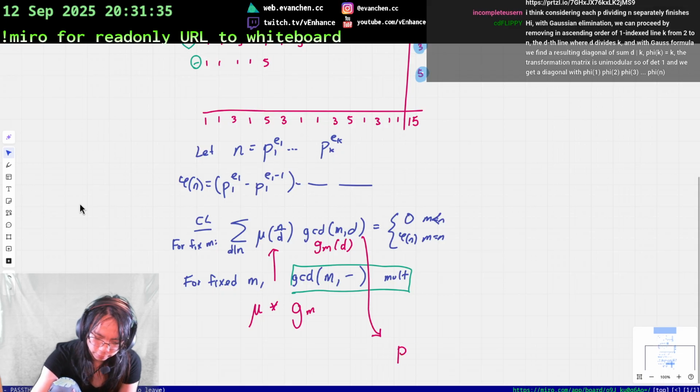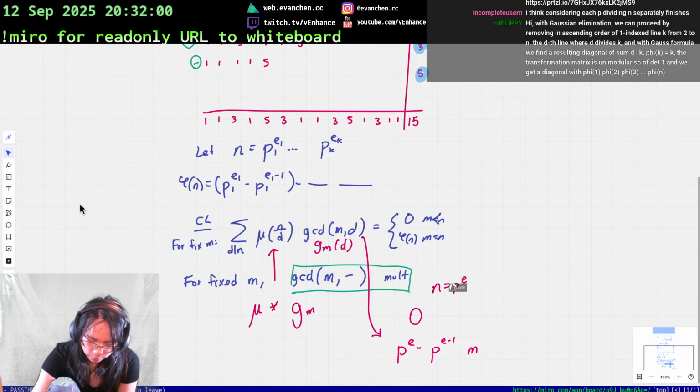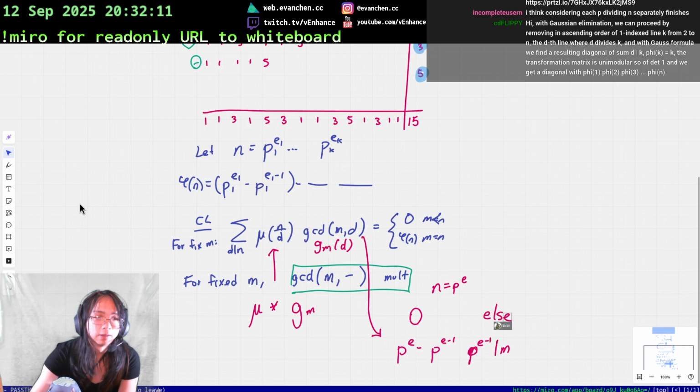It's like either this thing if m is... For n equals p to the e, if p to the e divides m, 0 else, right?